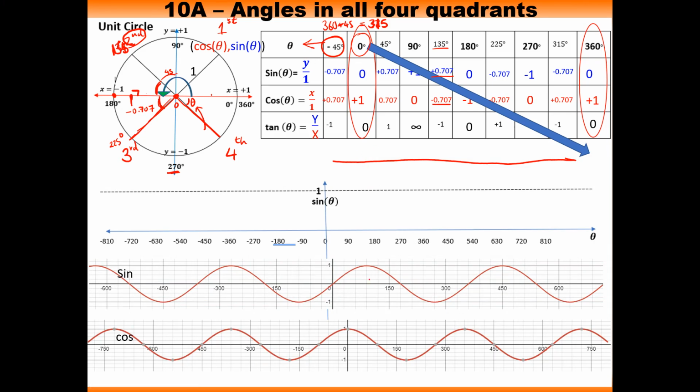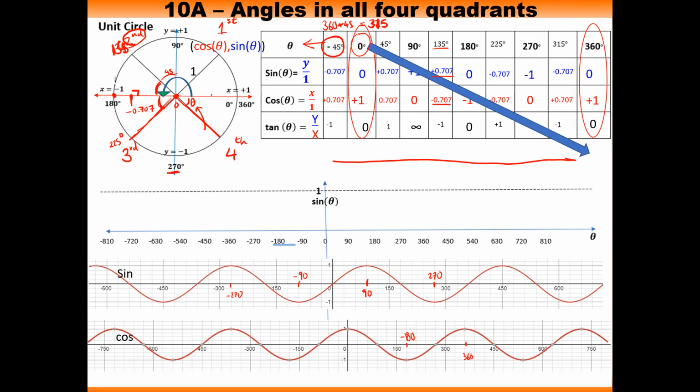So you understand that sine reaches its maximum at 90 and its minimum at 270, and you can imagine the rest. Here is negative 90 and here is negative 270. Sine reaches its minimum at negative 90 and maximum at 360 again.